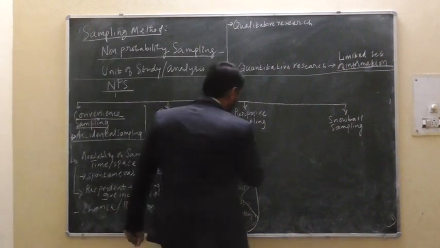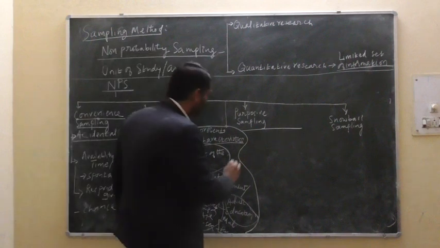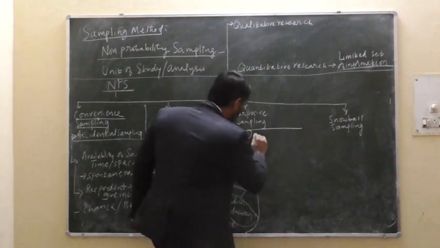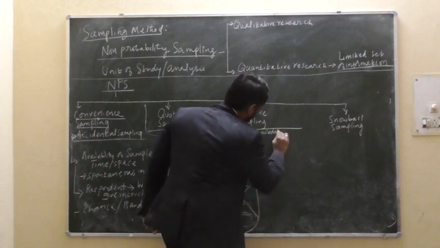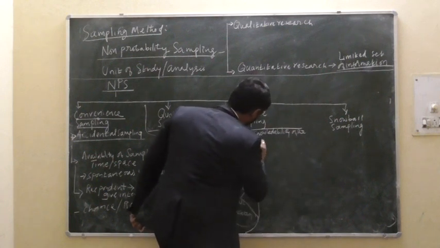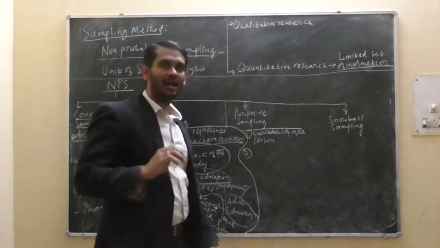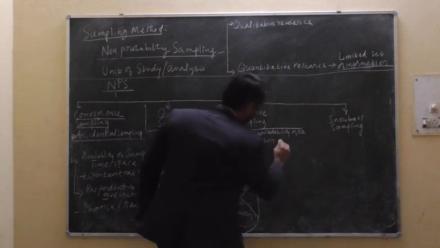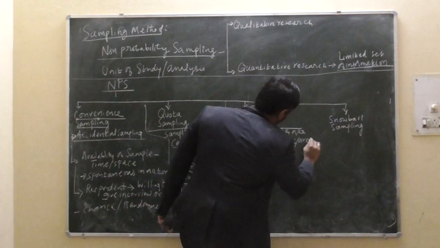Before looking at what purposive sampling is, there are three general criteria one has to look at. The first criterion is that first of all we are supposed to know the knowledgeability of the person: whether the person has the required amount of knowledge in a specific topic or area.